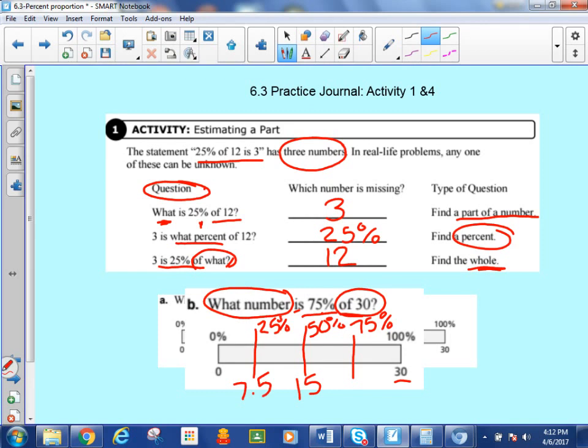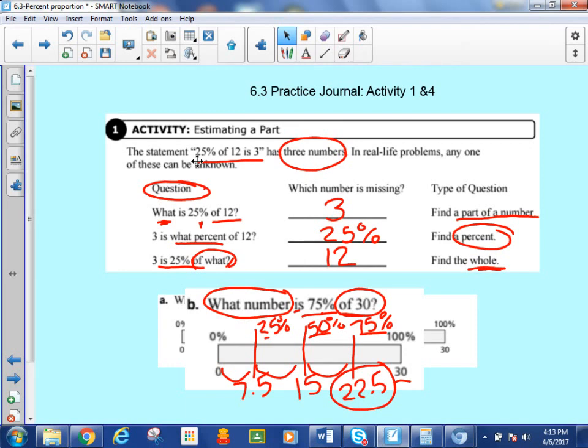And then if I take 7.5 plus 15, because 25% plus 50% is 75%, 7.5 plus my 15, because each one of these jumps is 7.5, then that will give me, what is that? 22.5. So that is my answer, 22.5.